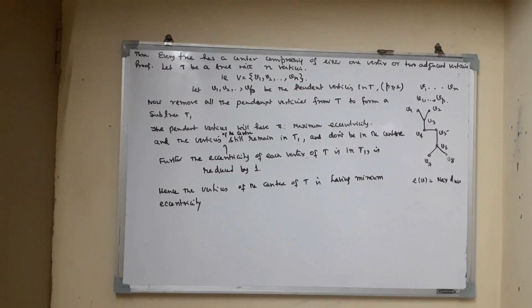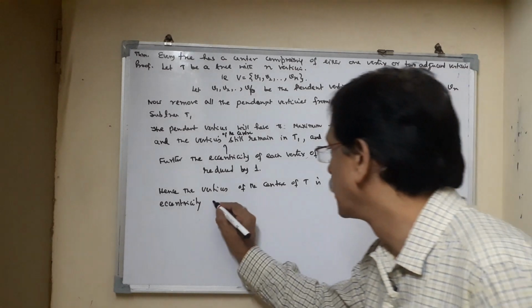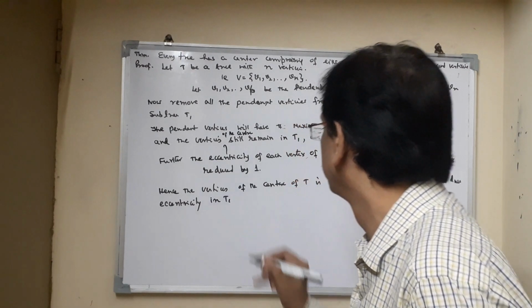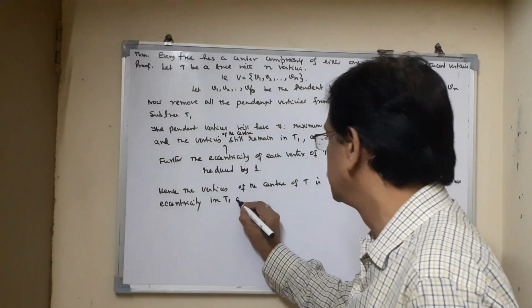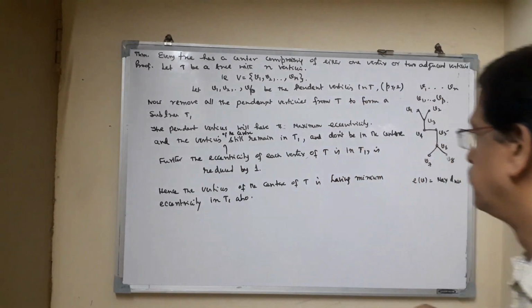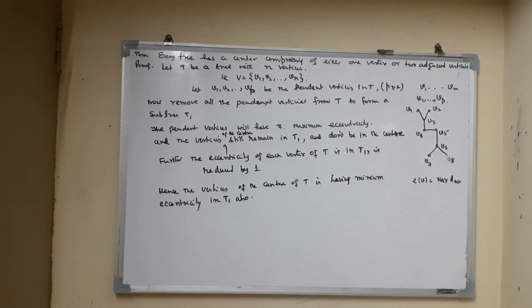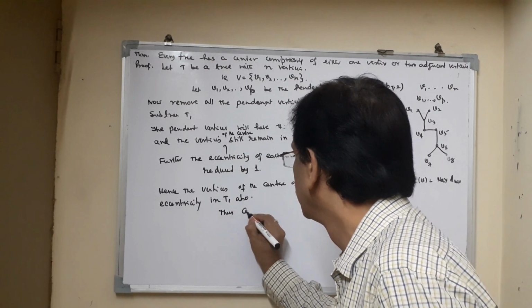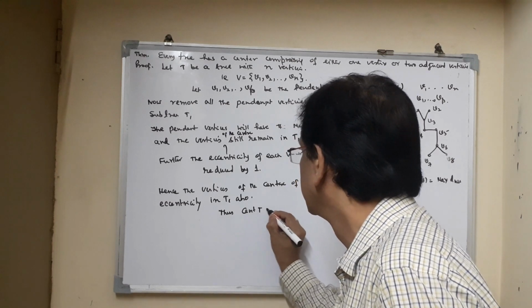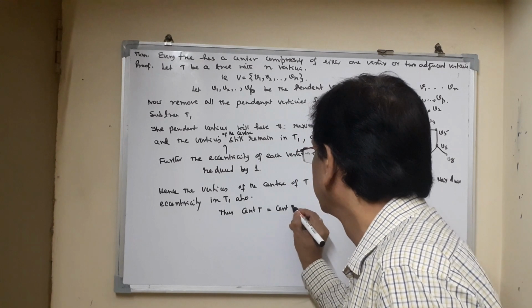Hence, the vertices of the center of T have the minimum eccentricity in T1 also. That is, thus, center T is equal to center of T1.